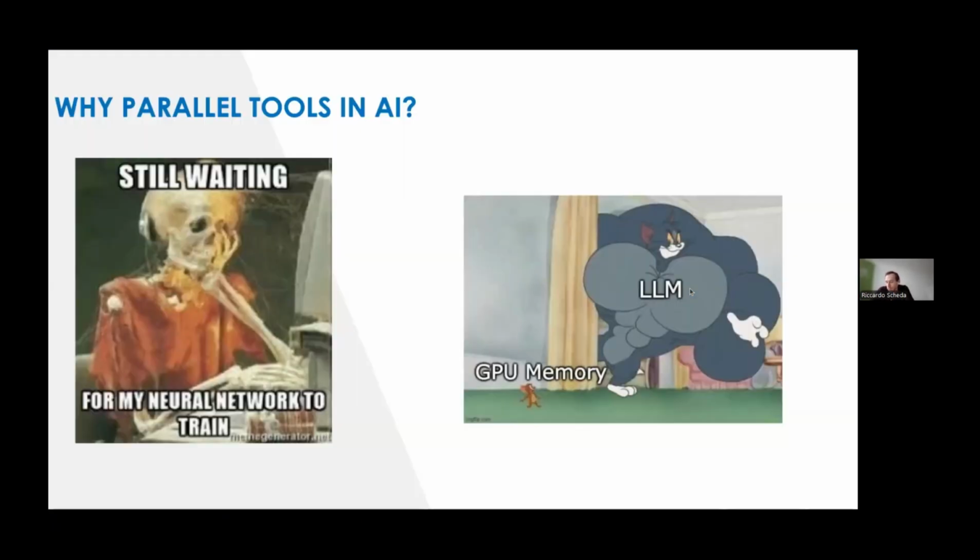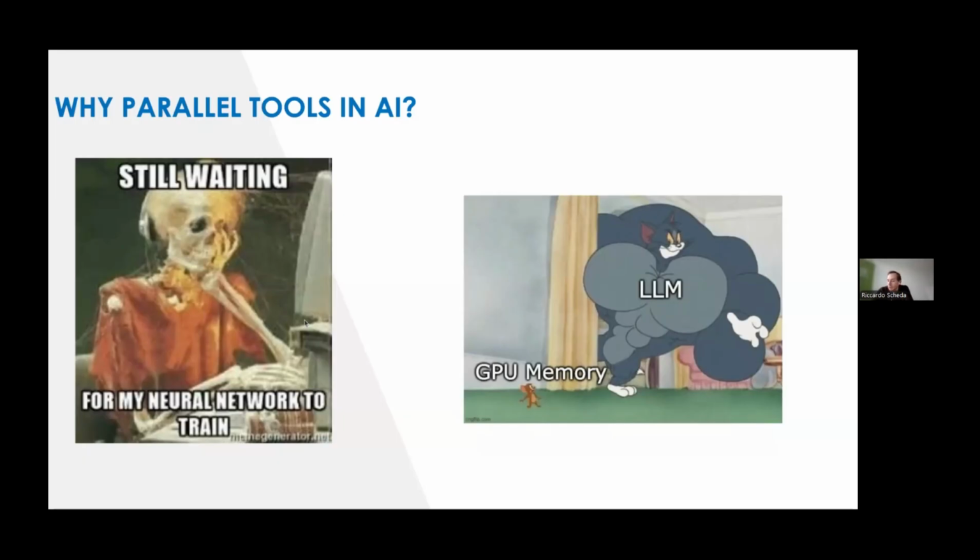As you know, in the AI field, there are two main problems with pre-training and fine-tuning models. The first is that training a model could take a very large amount of time, so you have to wait a long time to train a final model.